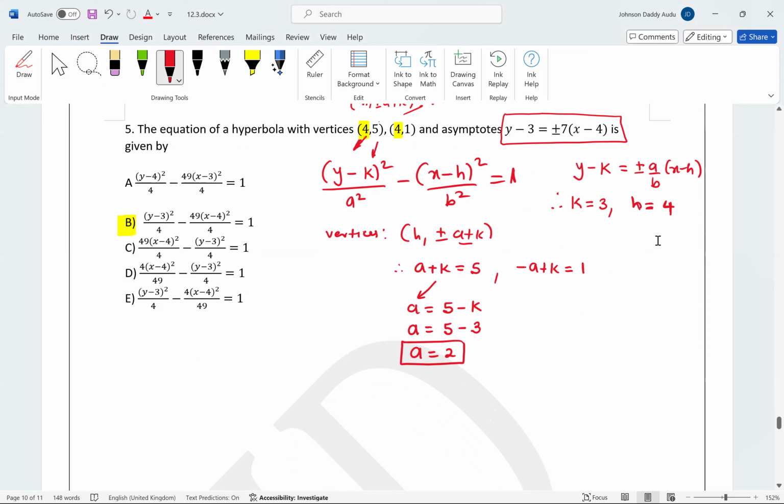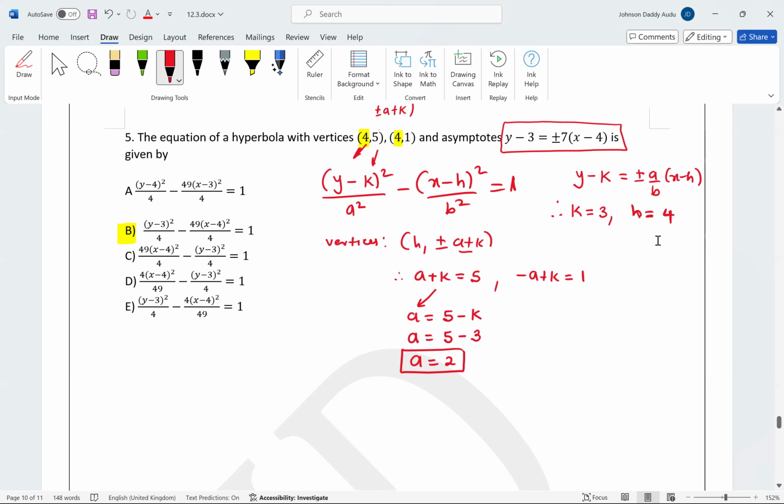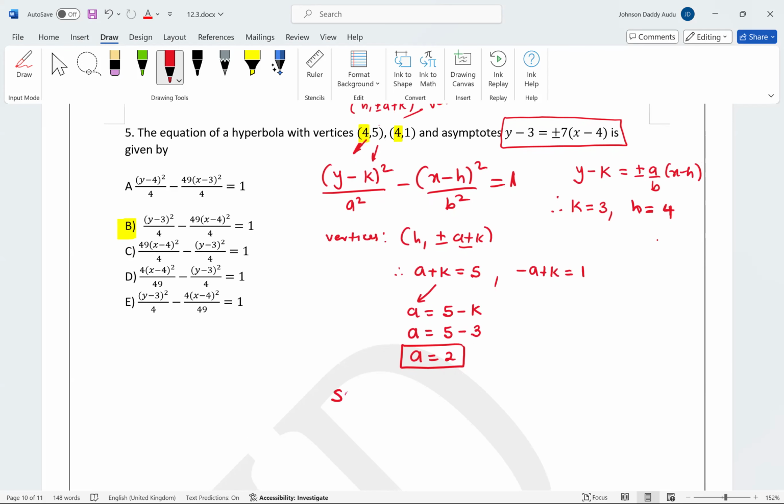Then we can find b easily, because we know the slope. We can use the slope. You know the slope is a over b equals 7.